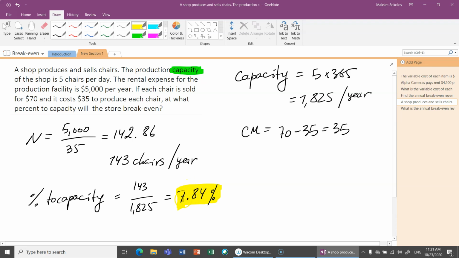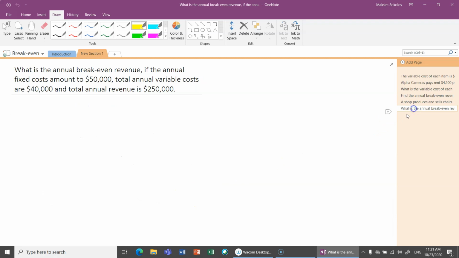It's always interesting to know what percent to capacity you break even, so that it is possible to estimate whether your business is healthy. In this case, 7.84% to capacity is a pretty healthy number. But if you break even, let's say, at 99% to capacity, that's a very bad number, because it means that you don't have much opportunity to make any money. You barely break even. All right, let's proceed to another problem.